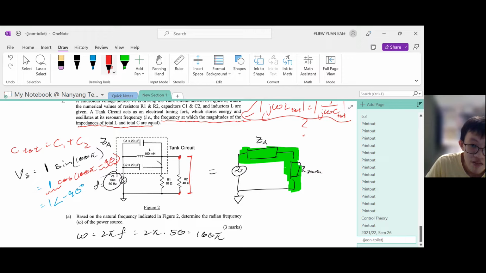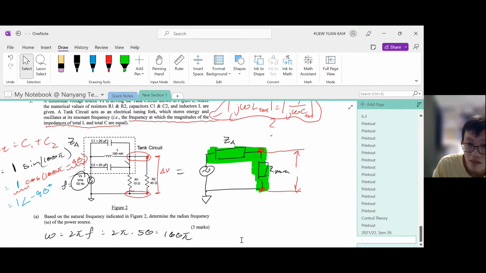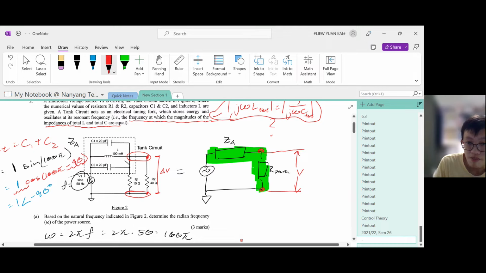Which is the same for R1 also, because R1 shares the same voltage phasor with R2 since they're parallel. So if we want to find the delta V of this, we just need to find the delta V of this R parallel. It will give us the phasor across R2 also. It's the same thing.